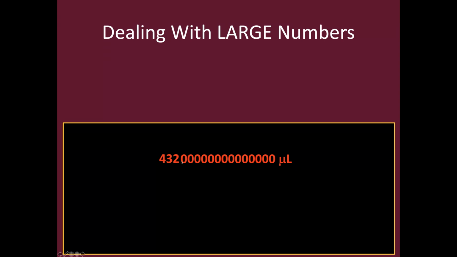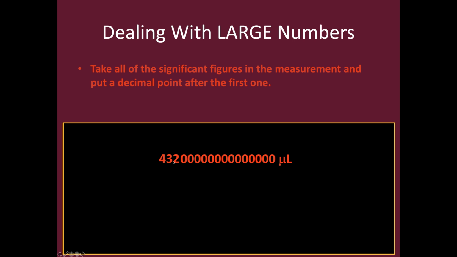Scientific notation allows us to get rid of all these placeholding zeros. There's a lot of stuff, therefore, you won't have to put into your calculator. So what we do is we take all the significant figures, and the significant figures are the 4, the 3, and the 2. There's no line over a 0. There's no decimal point. So there's only these 3 significant figures. Let's pull them out and put a decimal point after the first one.